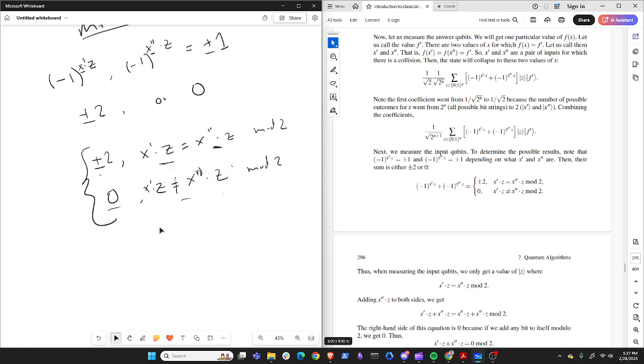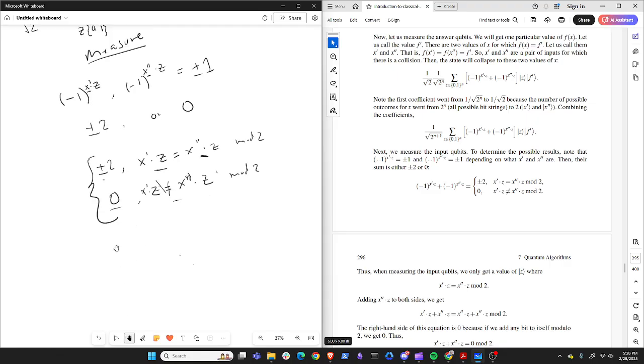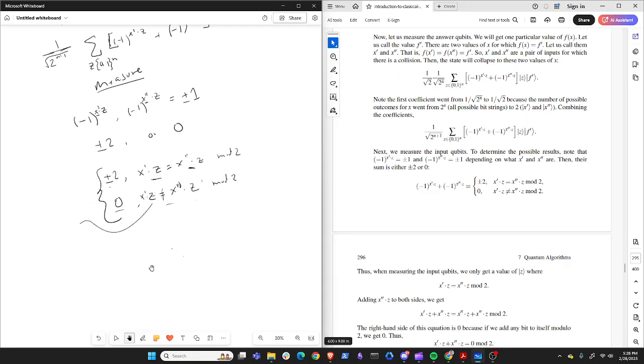Okay. So therefore, when we measure, we only get a value of z. We get a state in the form z, which is a bit string of length n, that is part of the superposition that was made up of the original bit string x of length n that was passed in.